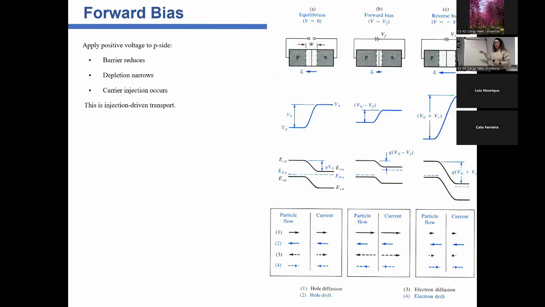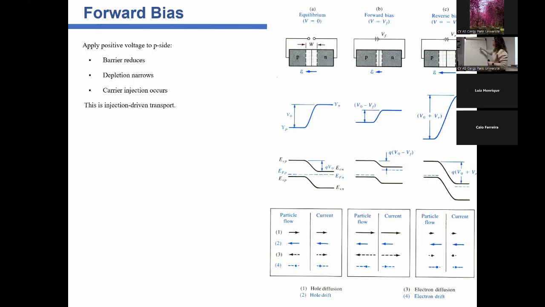So forward bias means that we are applying a bias that will inject positive charges in the p-type and negative charges in the n-type.